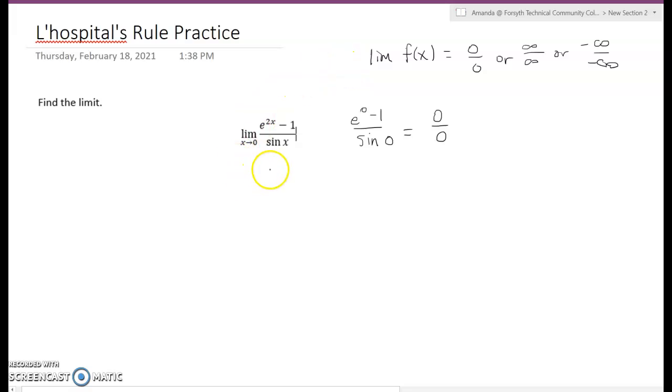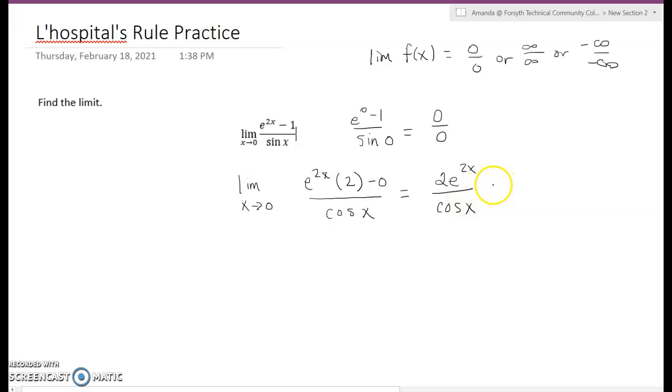And the first thing that we want to do is take the derivative of the top and bottom. So now we're going to look at the limit as x goes to 0. We have e to the 2x, and then we need to multiply by the derivative of that exponent, so that would be times 2, minus 0 over cosine x. And so I can rewrite this, clean it up a little bit. I get 2e to the 2x over cosine x.